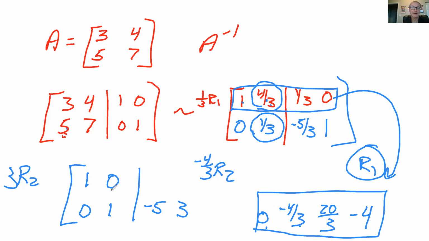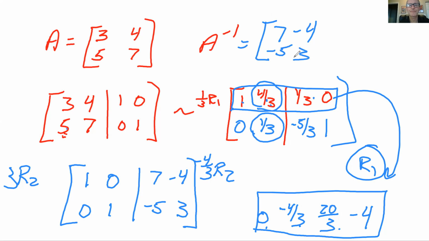Okay, so now our identity matrix is where our original matrix is, so we're in good shape. So 20/3 plus 1/3 is 21/3, so that's the number 7. And then we have 0 and 4 together, you get minus 4. So if you look at this, you would see that the inverse of A is 7, minus 4, minus 5, and 3.